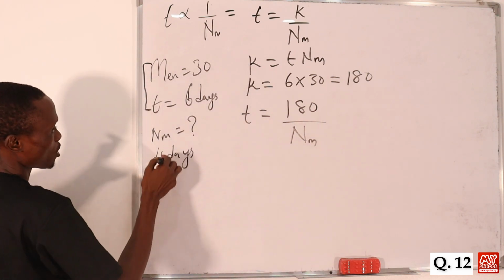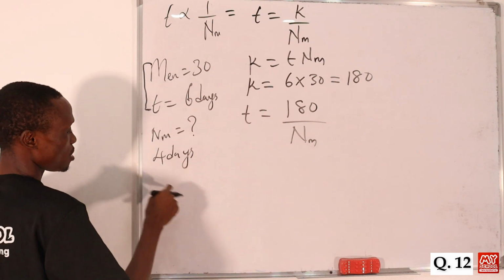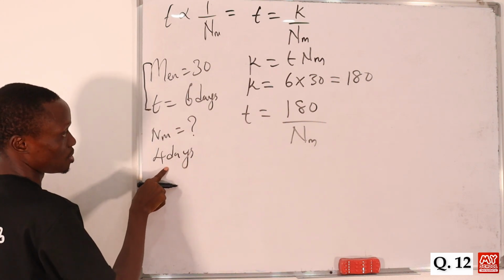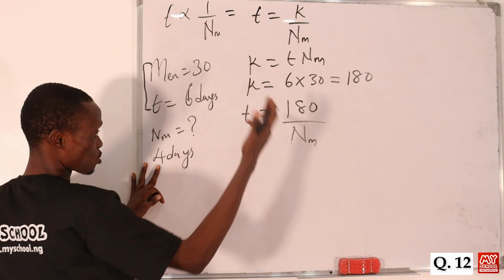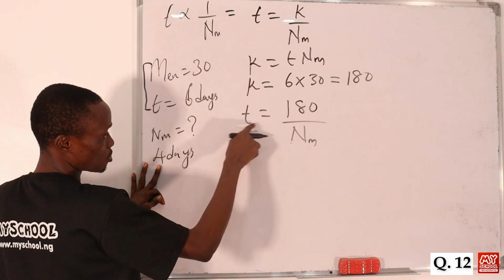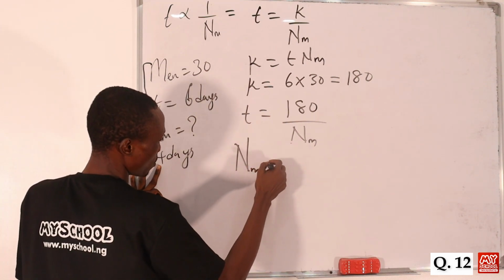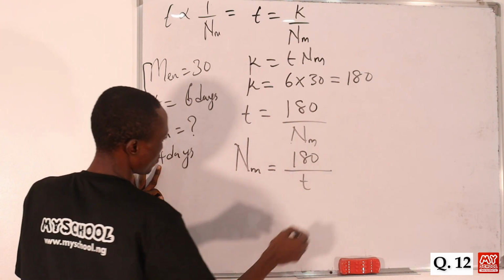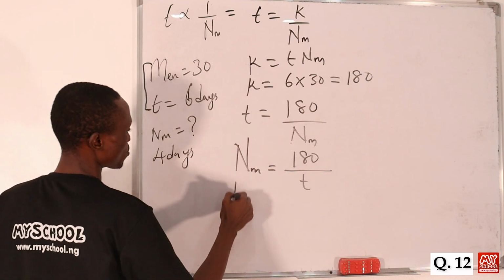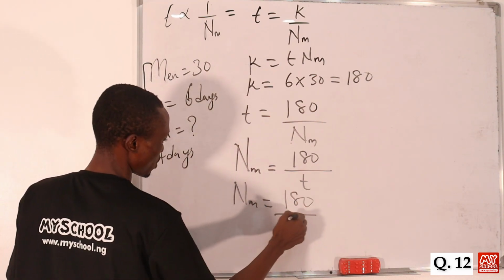Okay, now we are asked to calculate for M subscript M, which is the number of men, if the time taken is equals to 4 days. So since we are calculating for M subscript M, we just make it the subject of formula by switching position with time. So M, which is the number of men, will now be equals to 180 all over T. Okay, so we can now substitute. So M subscript M will now be equals to 180 divided by 4.